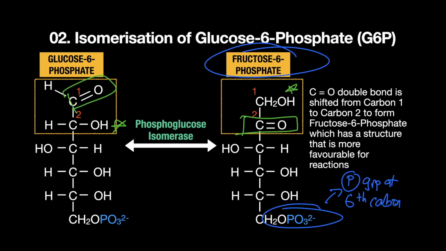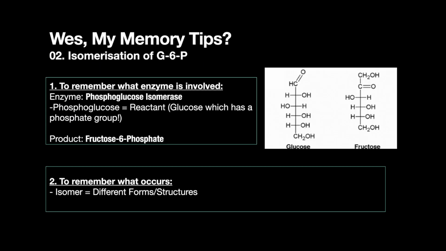Essentially, this is what I've covered in the last few slides. Glucose 6-phosphate is converted to fructose 6-phosphate by which enzyme again? Phosphoglucose isomerase. How can we remember that? A reactant is glucose 6-phosphate, which means that the name phosphoglucose makes sense.